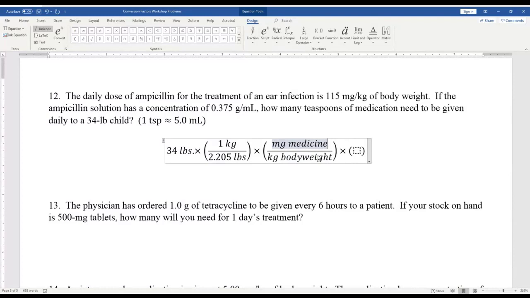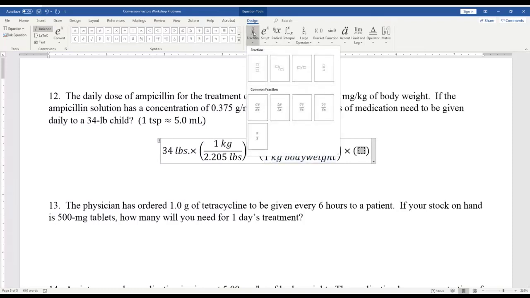You can't use a metric conversion to convert kilograms of body weight to milligrams of medicine, unless you're chopping people up and giving them away as medicine, which would be weird and gross. So we're going to have to use the milligram to kilogram body weight: this is 115 milligrams of medicine for 1 kilogram of body weight.